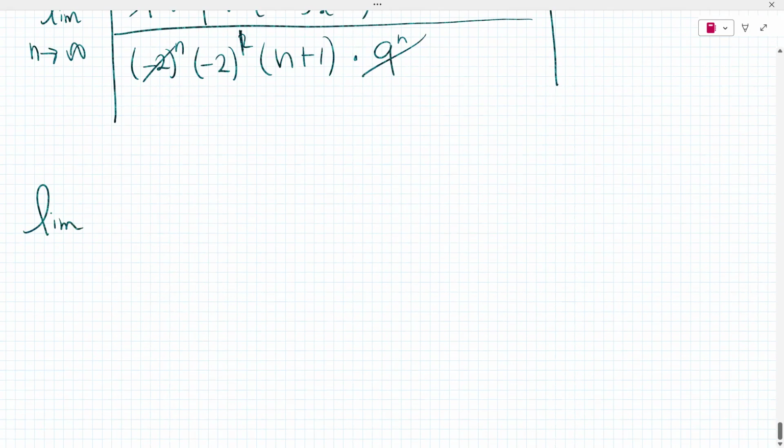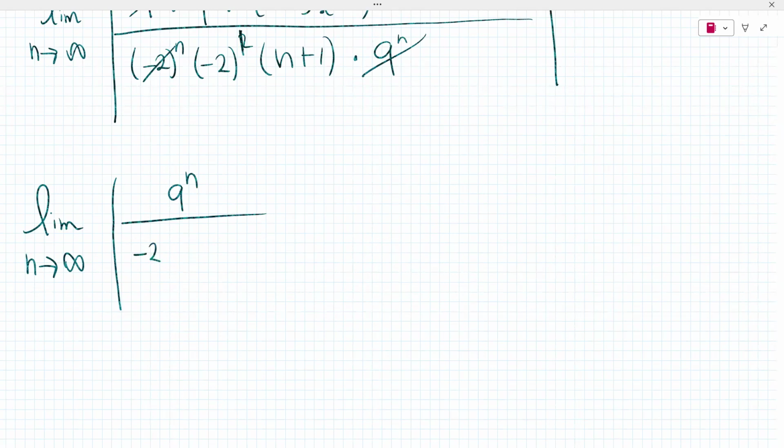When you put it all together, this is what you get: the limit as n approaches infinity of the absolute value of 9n over negative 2 times n plus 1. If you recall, we're dealing with absolute value, so this negative 2 becomes a positive 2.